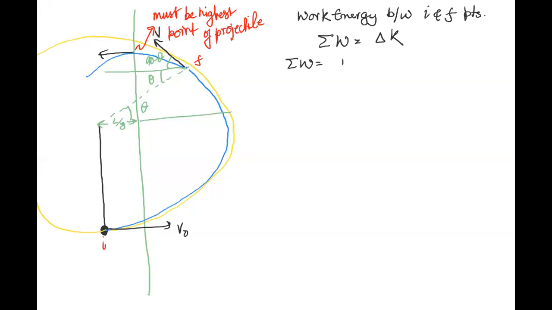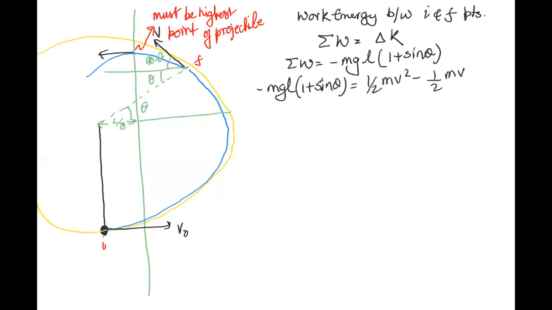Summation of work is equal to minus mgl into 1 plus sin theta, which is equal to final kinetic energy minus initial kinetic energy. Right, so this is what we get from work energy theorem.